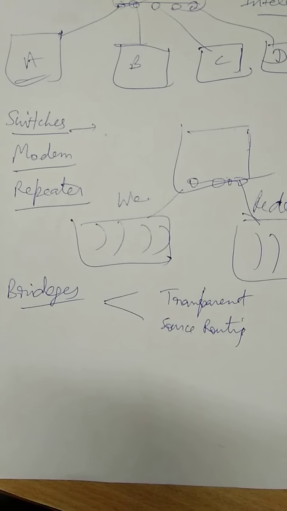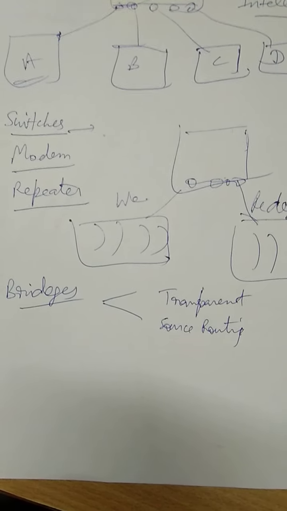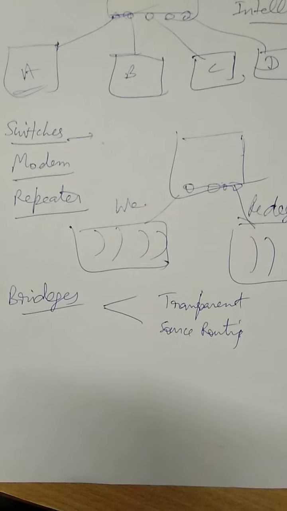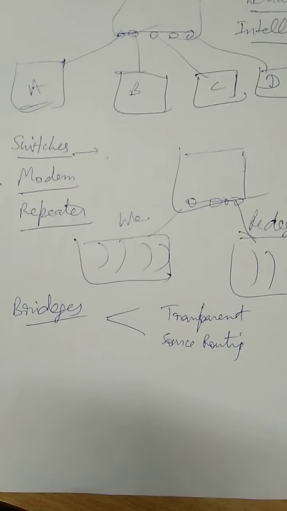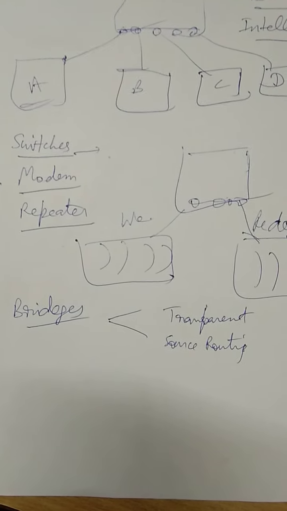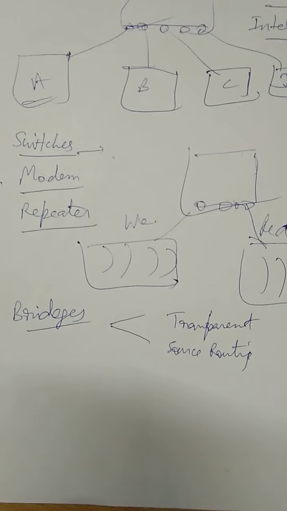These bridges keep a table of addresses in memory to determine where to send data. And the main duties of transparent bridges are filtering the frames or packets, forwarding them and blocking them. These are transparent bridges.